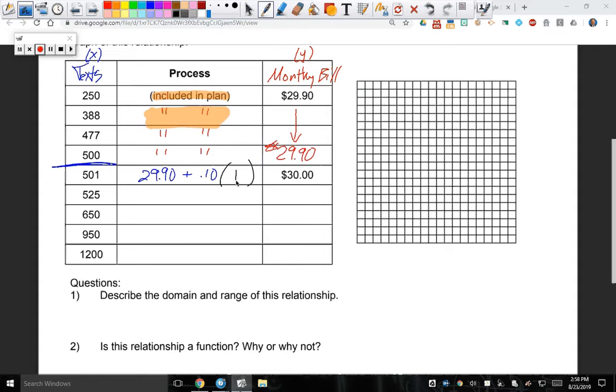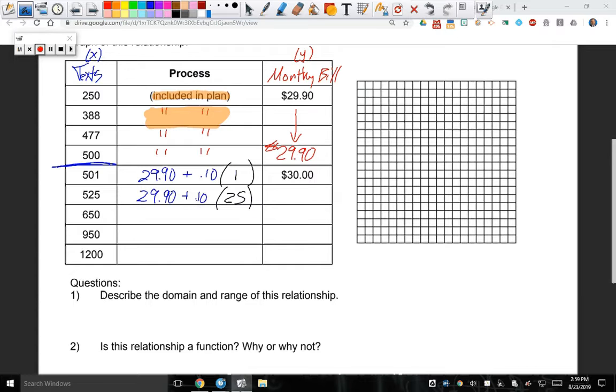Okay? Now, how about if it was $5.25? How many extra texts, anyone do I have? 25. Does everything else stay the same? Yeah. So we're going to put 25, and we can go ahead and write it out or put tilde marks. I'll write it out one more time, and then I'm going to put tilde marks.